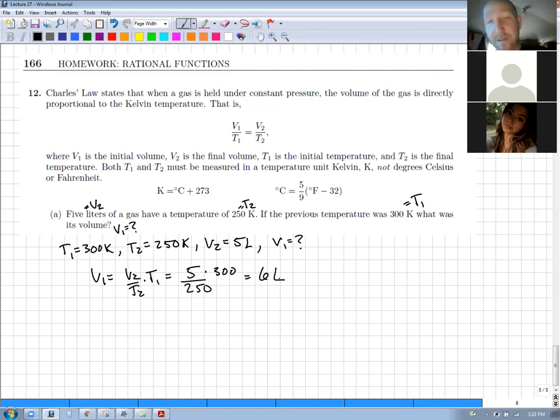6 liters. So what this is saying is you have this 5 liters at this temperature. Whenever you heat it up, well, actually let it get colder. So we start off with 6 liters at 300 Kelvin. If you decrease the temperature to 250 Kelvin, the volume shrinks to 5 liters.